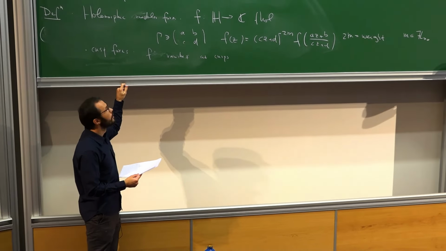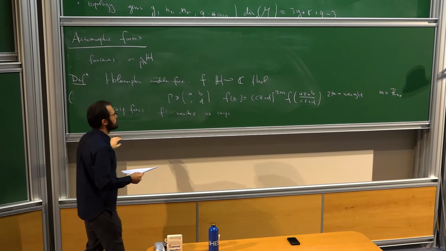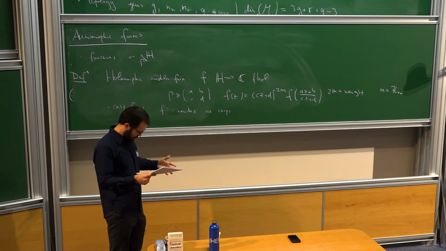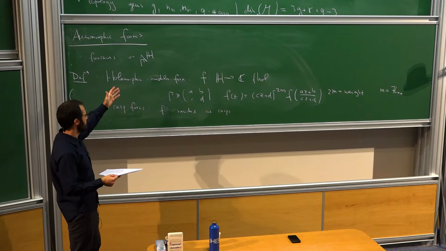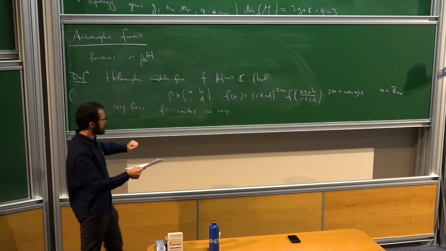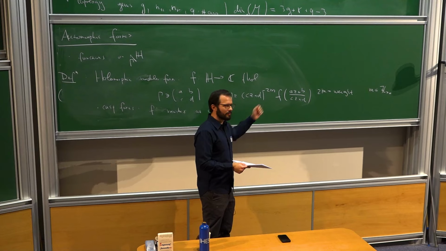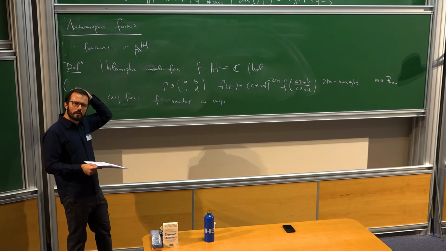Sorry, m is a property of the modular form, but doesn't it depend on gamma? Right. You can talk about the space of holomorphic modular forms for a specific gamma of given weight, and the elements of that space satisfy this property. But doesn't it also depend on the element of gamma?